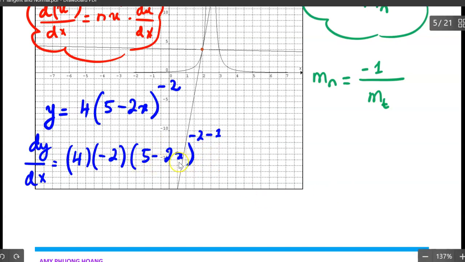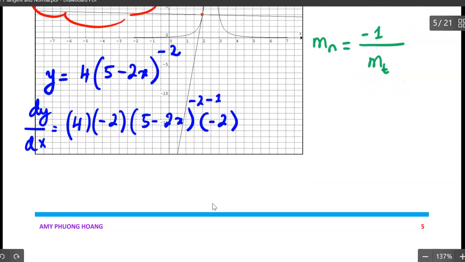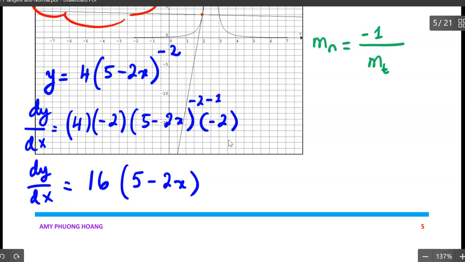The derivative of the expression inside the bracket: derivative of 5 is 0, derivative of negative 2x is negative 2. At this point, dy over dx is equal to 4 times negative 2 times negative 2, which gives me 16, and I raise this to the exponent negative 3.